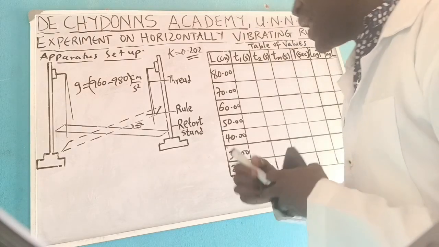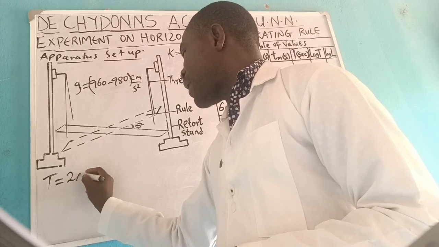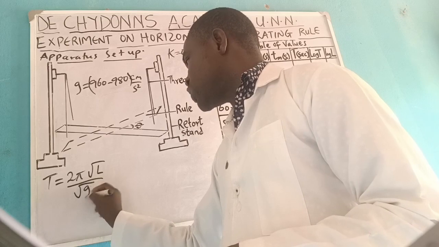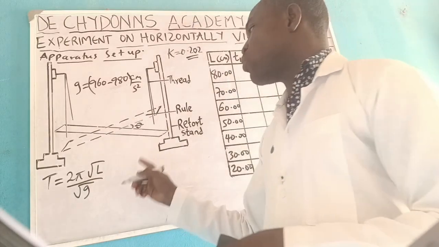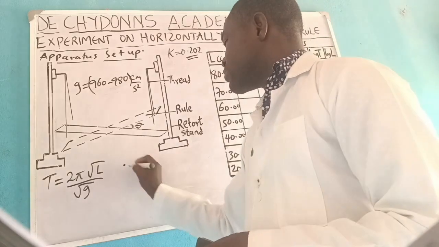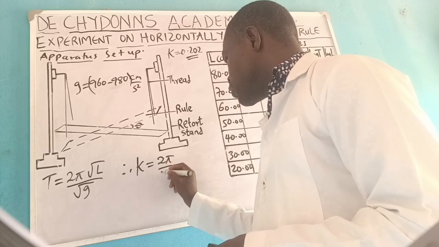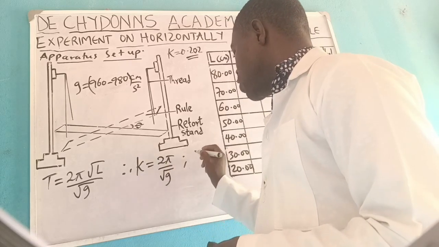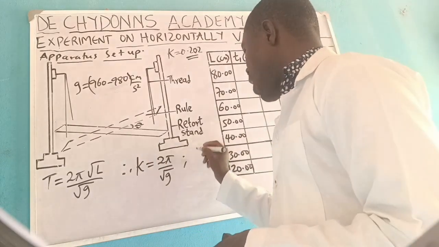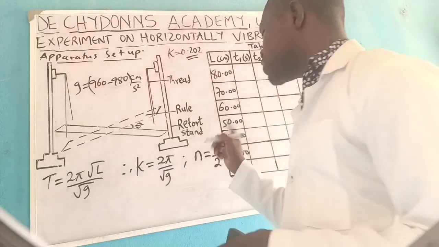We are saying in essence that as you have T equals 2 pi root L all over root g, your k is equal to 2 pi over root g, and the power of L, which is n, equals 1 over 2, or 0.5.